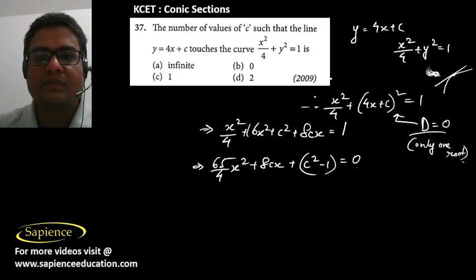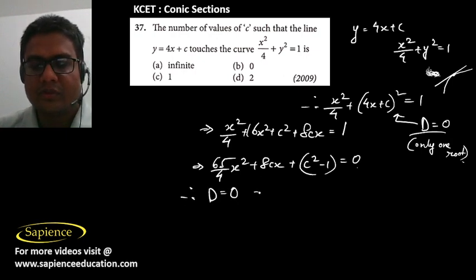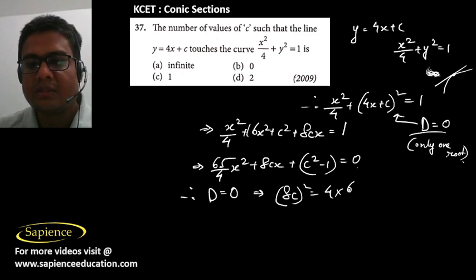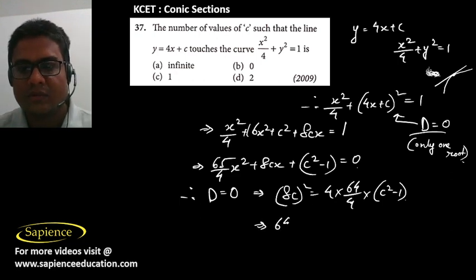This is for the number of values of c such that this line touches this curve. Therefore the discriminant should be equal to 0. It means that b square should be equal to 4ac.